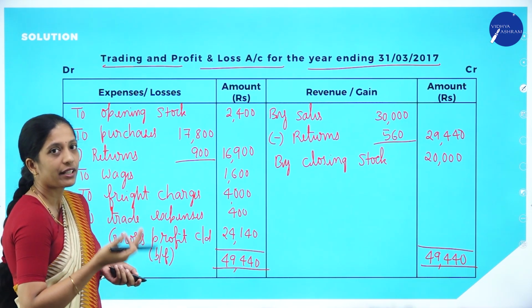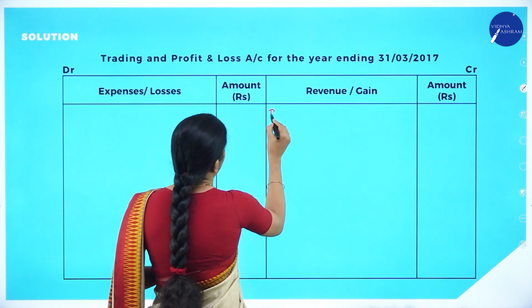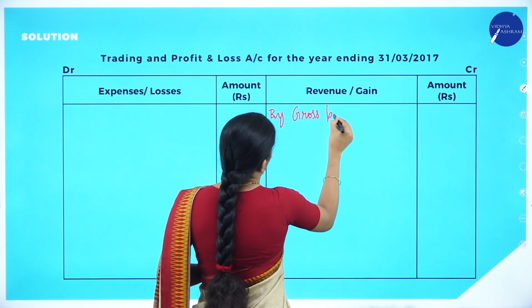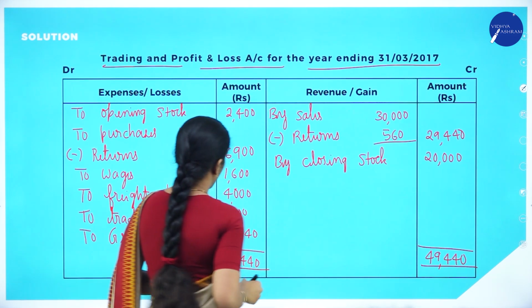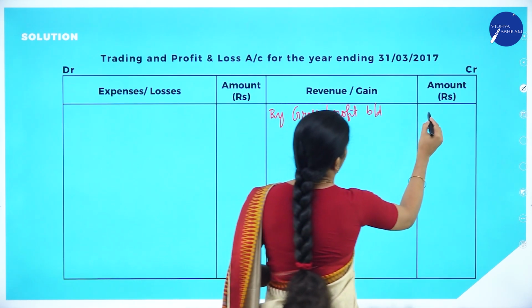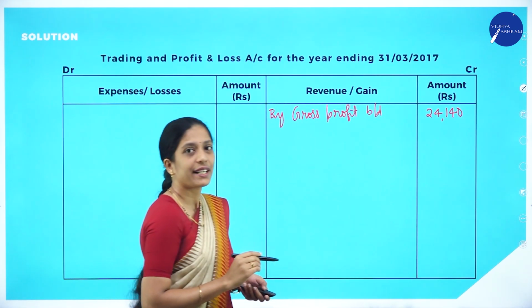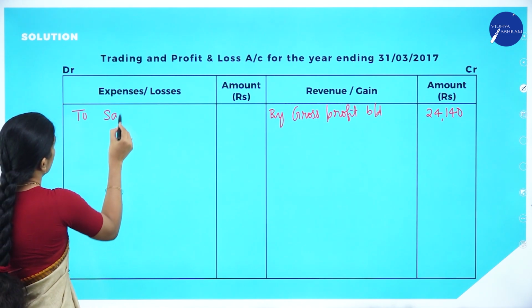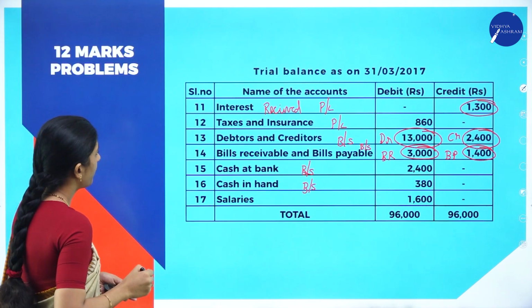Now moving on, the continuation will be your profit and loss account. We'll bring down the gross profit. So by gross profit brought down, and the gross profit is 24,140. Now we will record all the indirect expenses. We shall start with to salaries. Let us see the amount there.